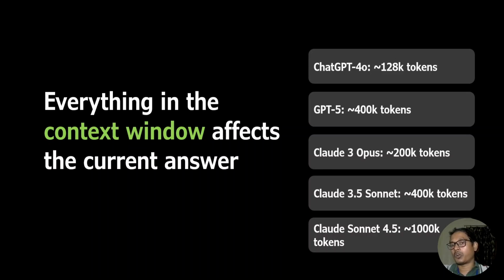Likewise Claude 3, Claude 3.5, Claude Sonnet 4.5 can take 1000K tokens. So the newer, advanced models have a higher context window limit, but there is still a limit. So it is important how you structure your content in a prompt, so that you can give the right kind of instructions and get whatever you need from the AI.